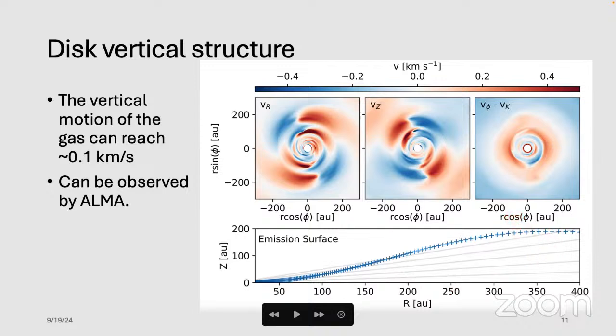And you can see this velocity has an azimuthal variation, a redshifted and blueshifted pattern across the disk. And the magnitude can be at least 0.1 kilometer per second. And this can well be observed in recent ALMA observations, like exoALMA.